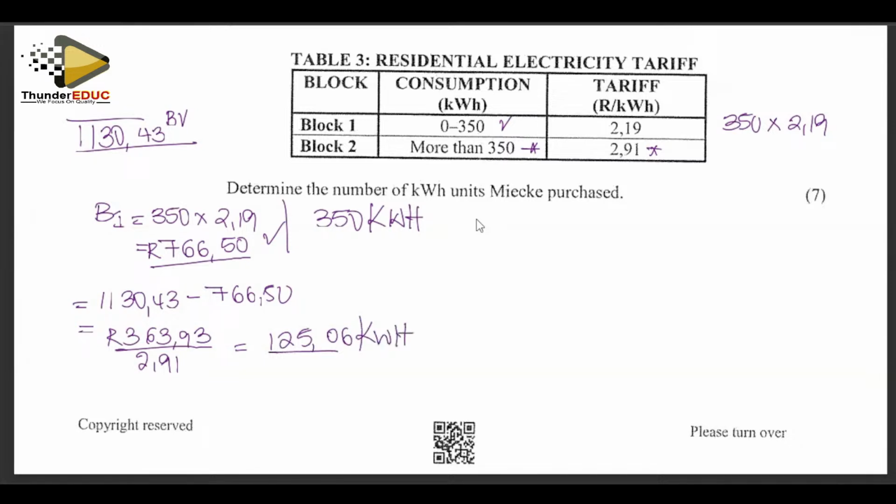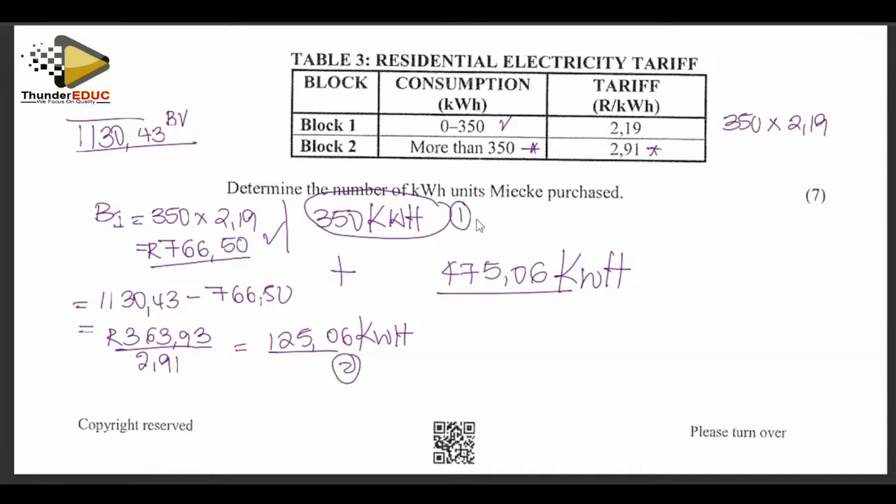So we add the two. These are the units the person used: 350 coming from block number 1, and the 125 coming from block number 2.